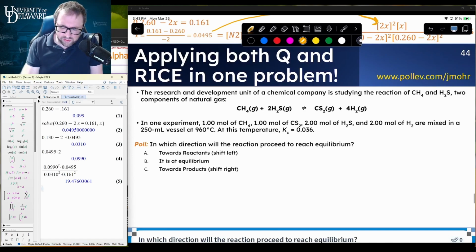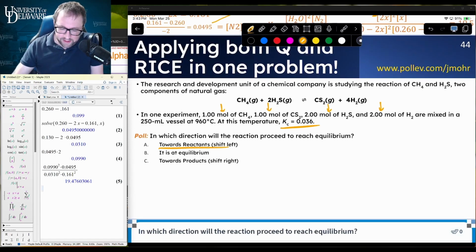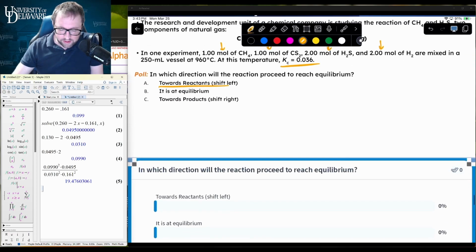So here we're told the Kc, we're told these initial concentrations of a whole bunch of stuff, right? So we have, is this all 4 of them? Wow, all 4 of them are here. All right, so we went through, we calculated the Q value, we determined that this was going to make reactants, and then we did some math.